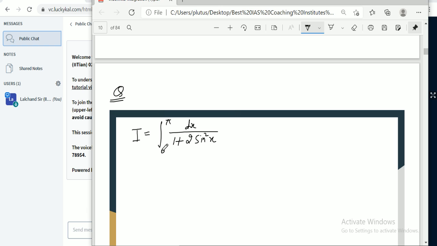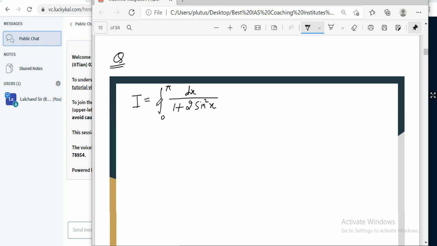How do we solve this? So first we need to convert this 1 into a trigonometric identity, that is cos square plus sine square.